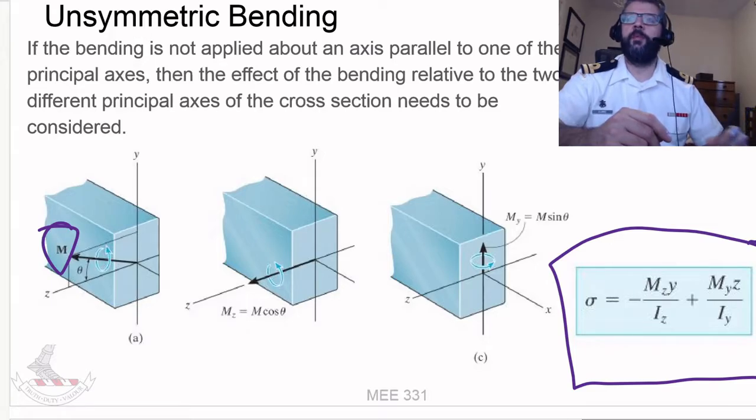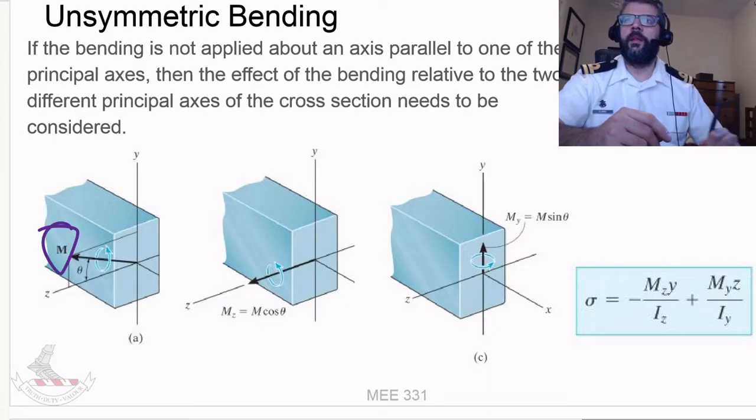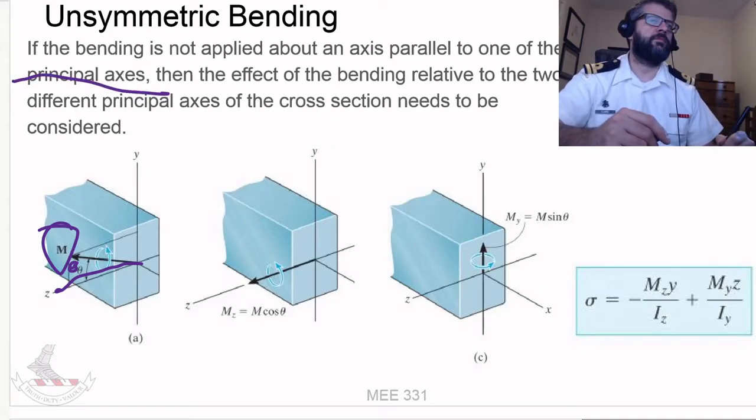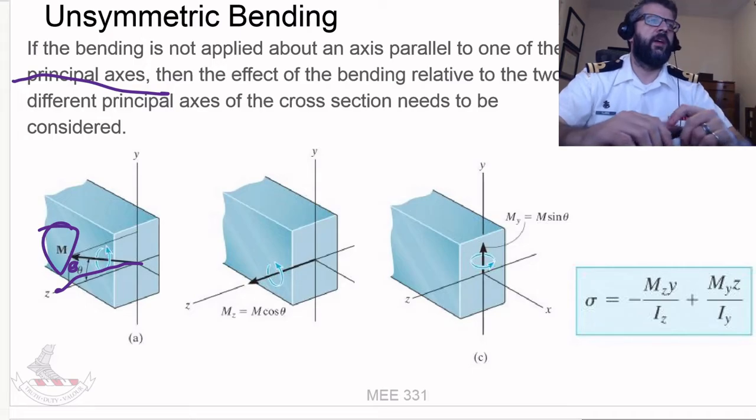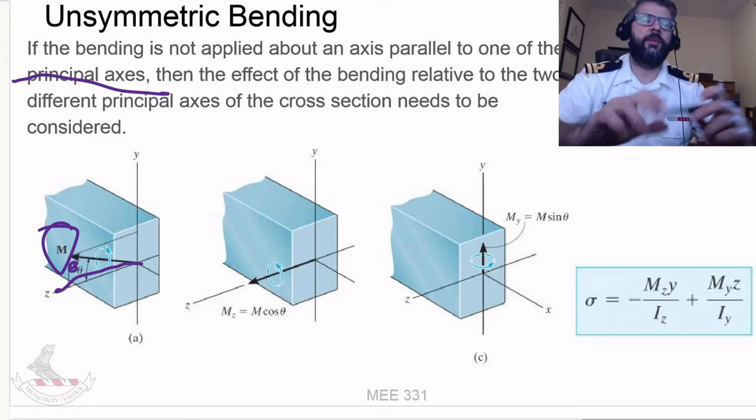Now, one thing to keep in mind here is that we want to be defining this angle theta here. It needs to be relative to one of the principal axes. It's the principal axes that need to be defining your coordinate system here.